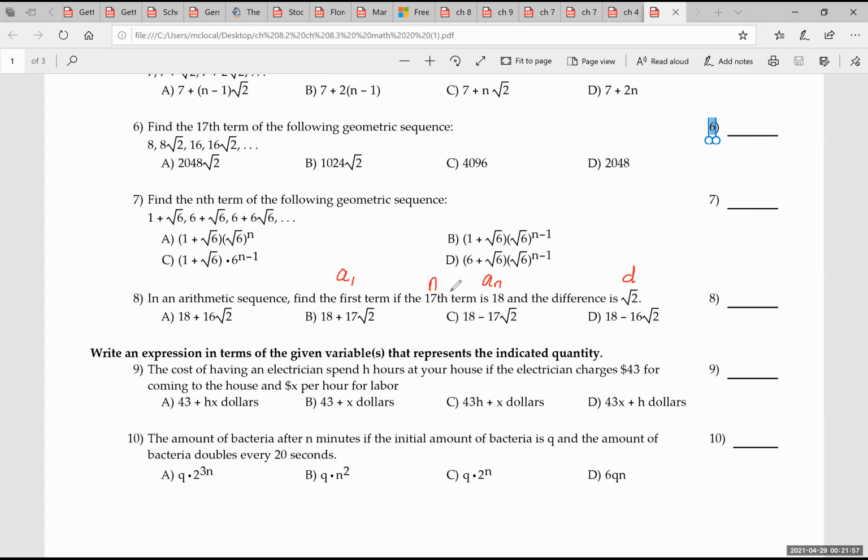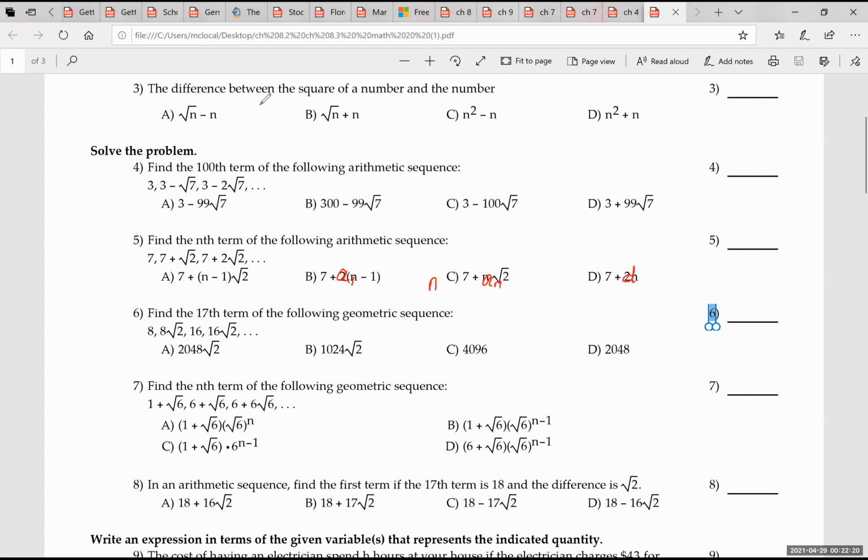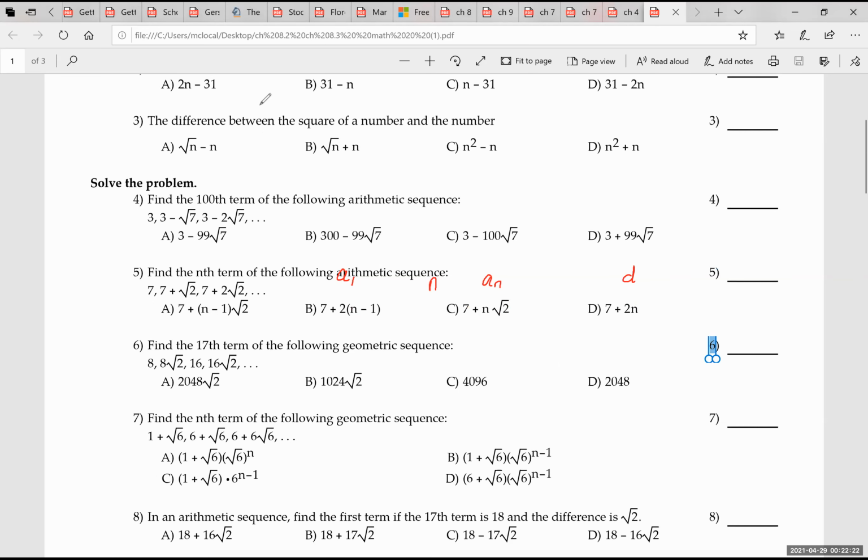when they ask you the 100th term, n becomes 100, right? And whatever the term is, the 100th term, that's going to be A sub n. Suppose in the previous problem, they asked you in an arithmetic sequence, let's go back to that problem. See, when they're asking you the 100th term, they're asking you to find A sub n, given the n value to be 100.